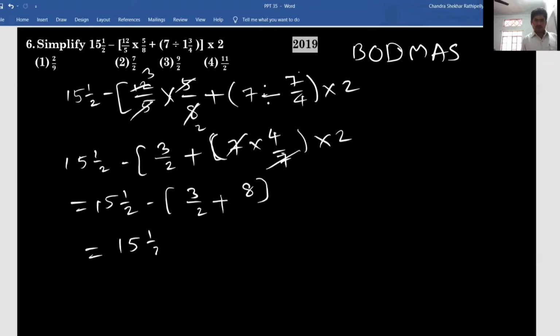Fifteen and 3/2 minus 2 3s are 6, 2 8s are 16.